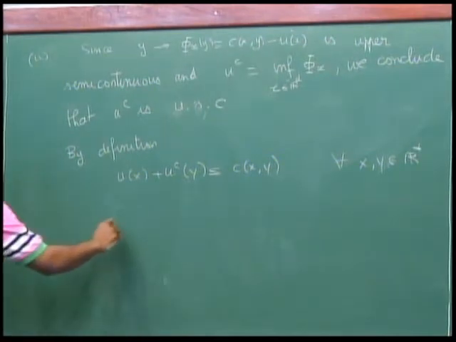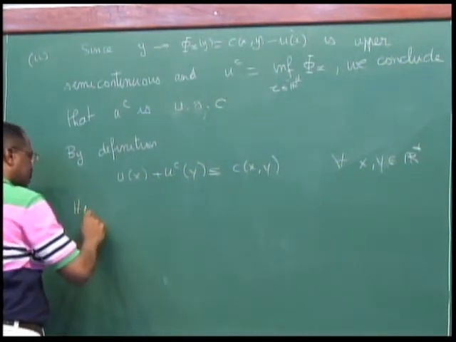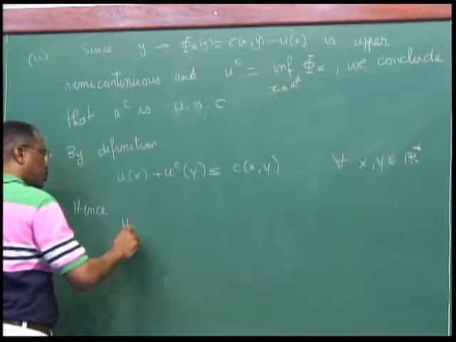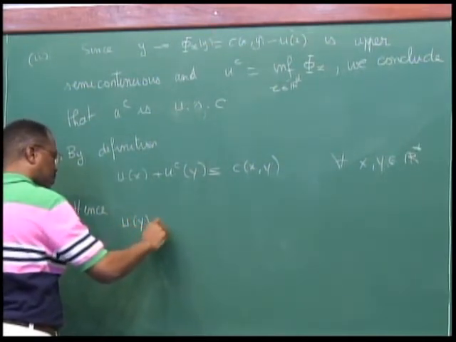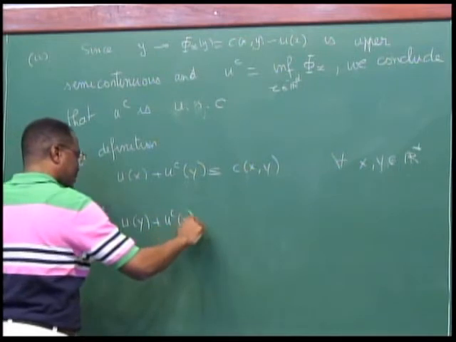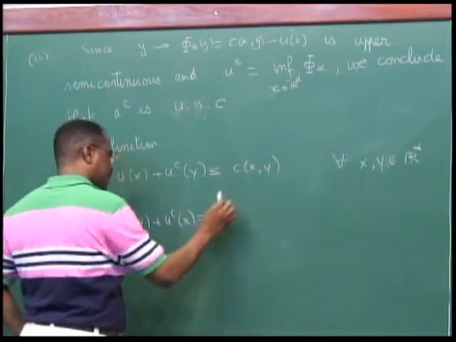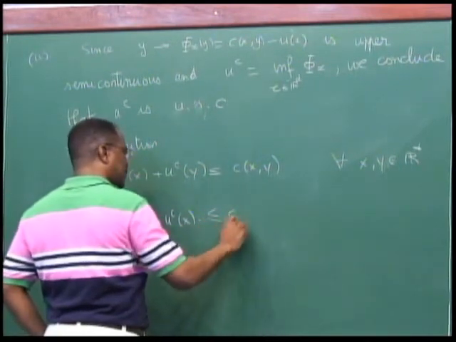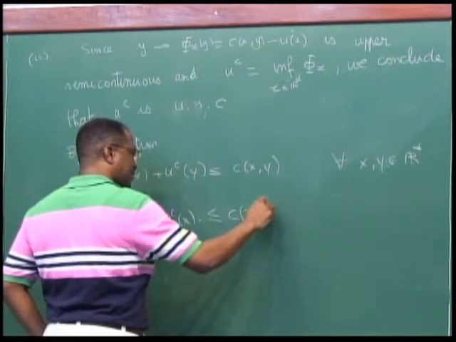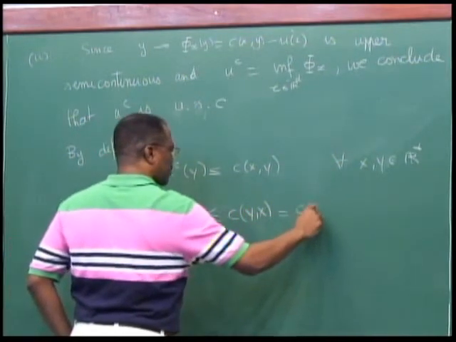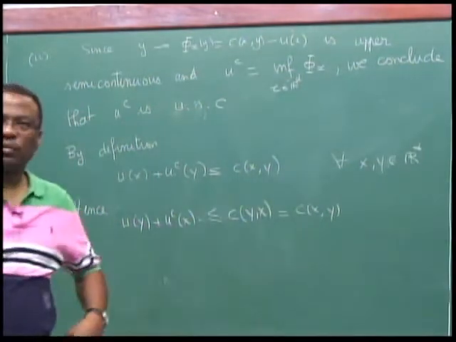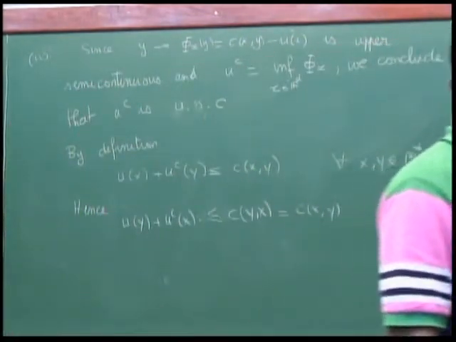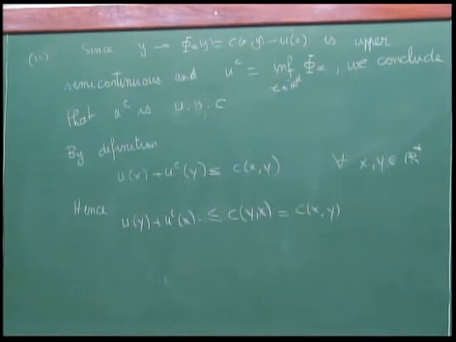So if you write u of y plus u^c of x, this is less than c of y,x, which is equal to c of x,y. And so we have the second inequality.